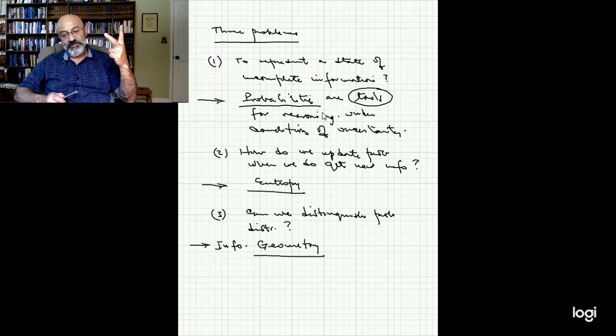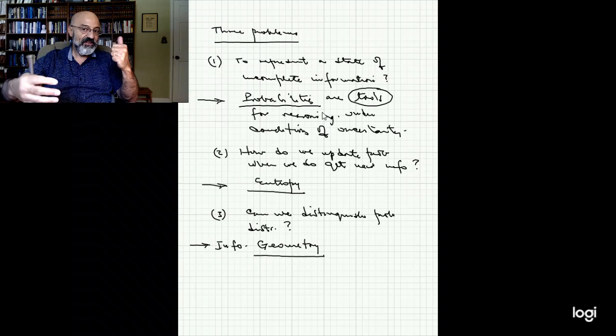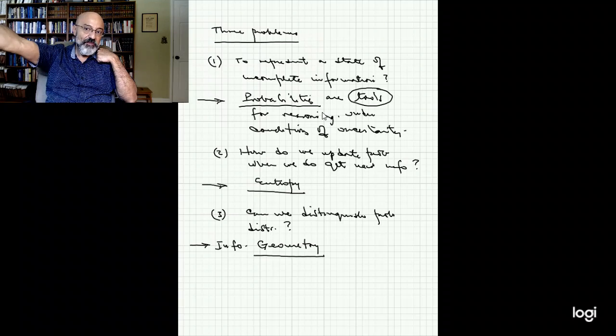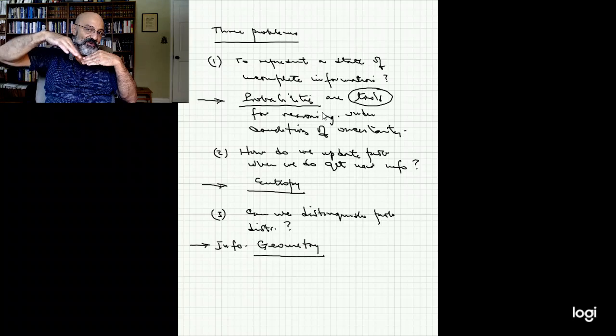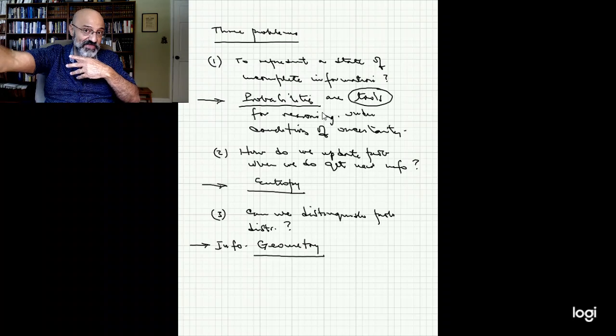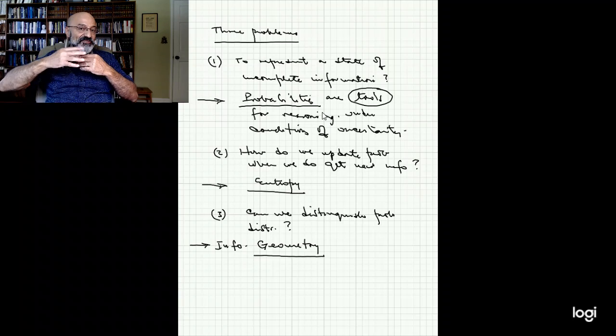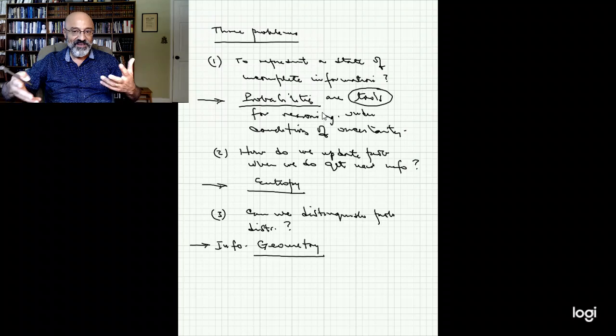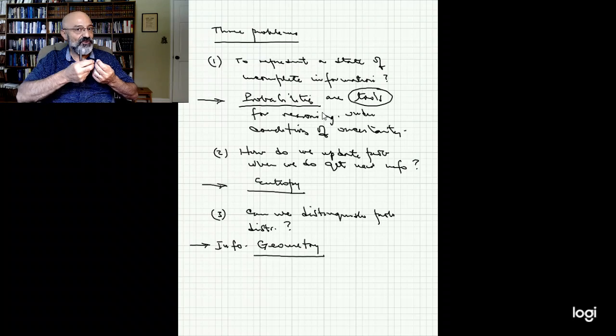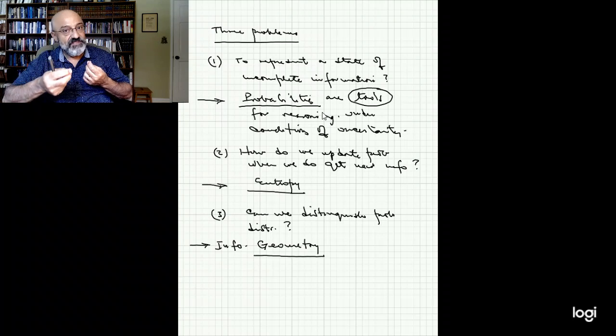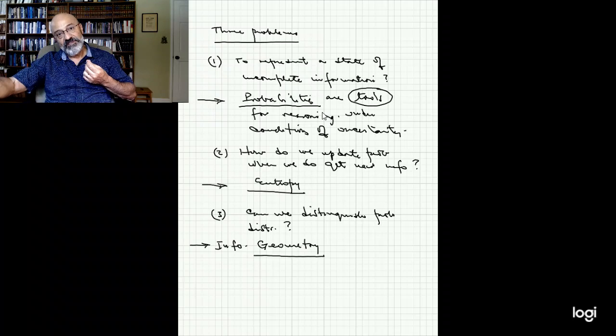Could it possibly be that the laws of physics are not directly, immediately laws about nature, but might be laws about nature a little bit indirectly? That the laws of physics that we have are really laws for making inferences about nature, rather than being about nature directly.